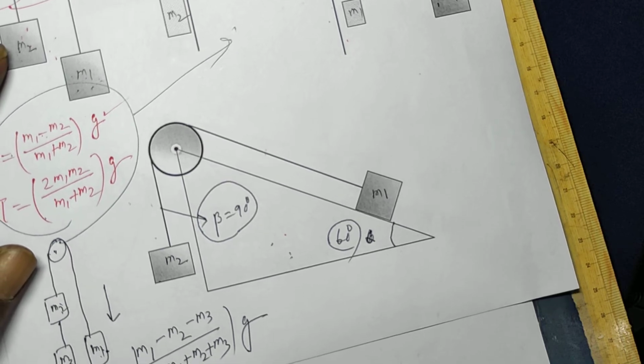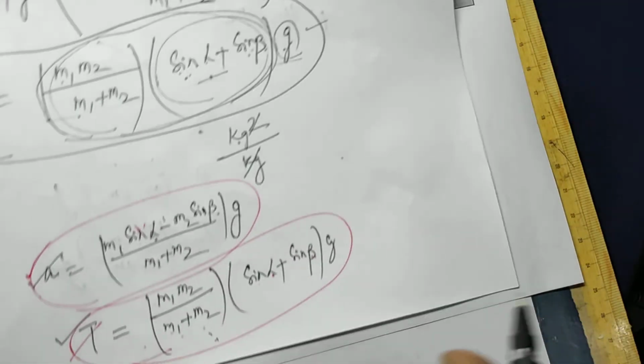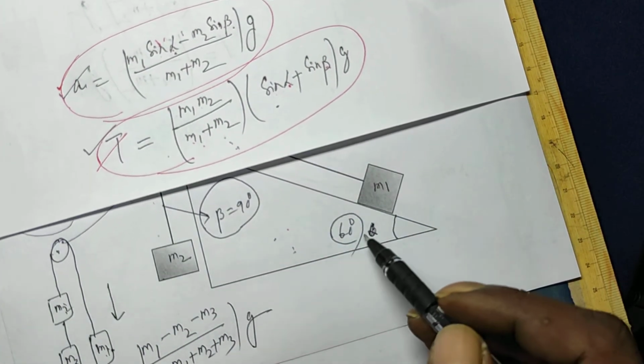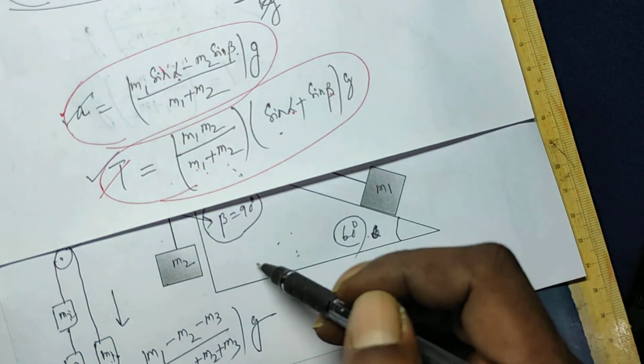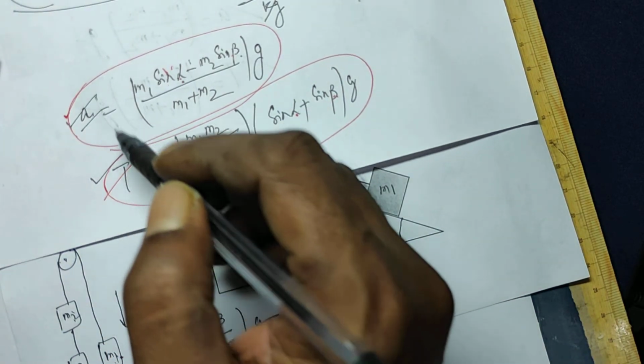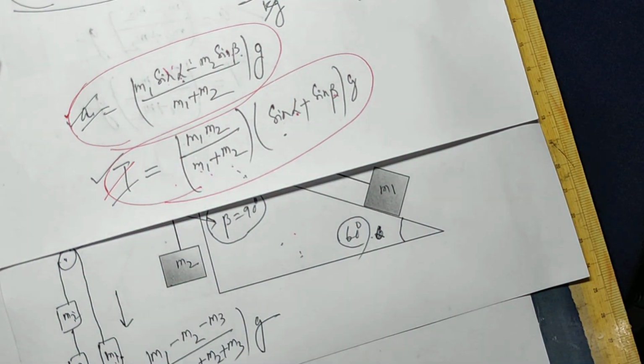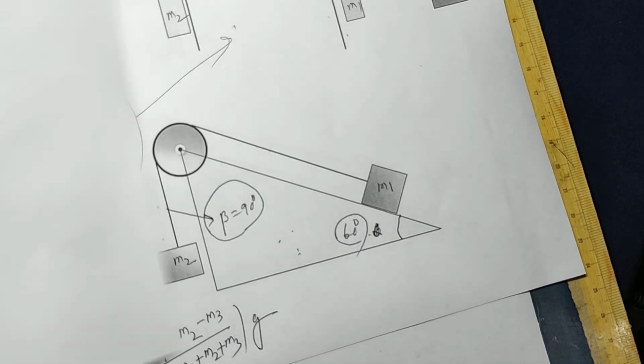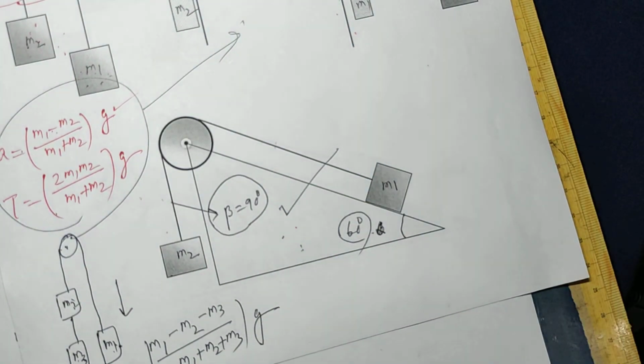So in this expression, put alpha equal to 60 and beta equal to 90. Substitute the value here and here to find the expression for acceleration and tension for such a system.